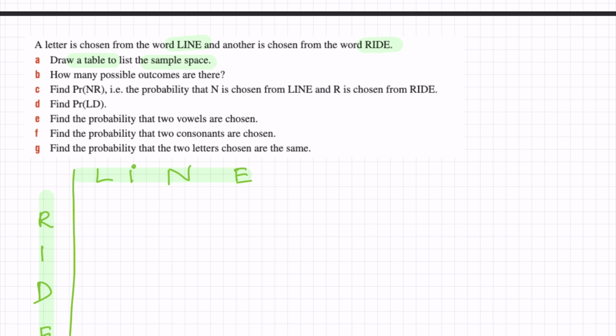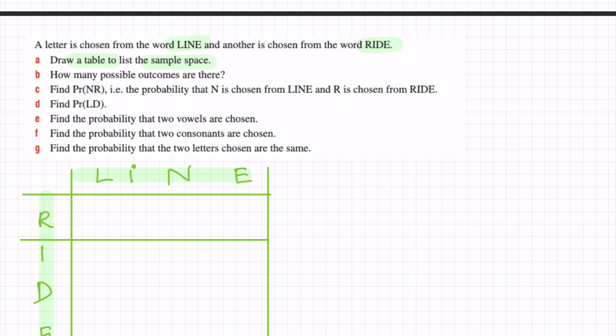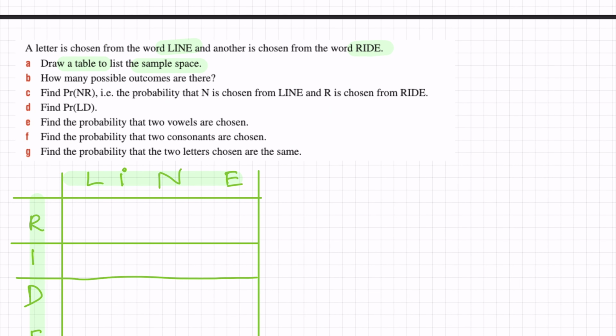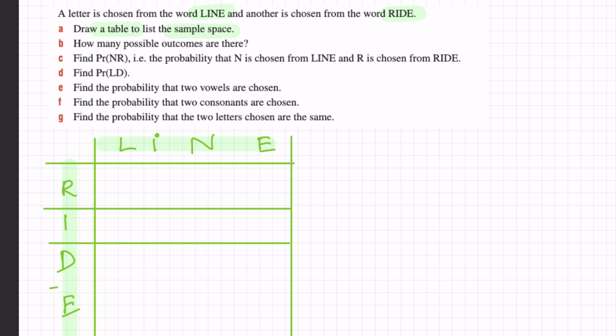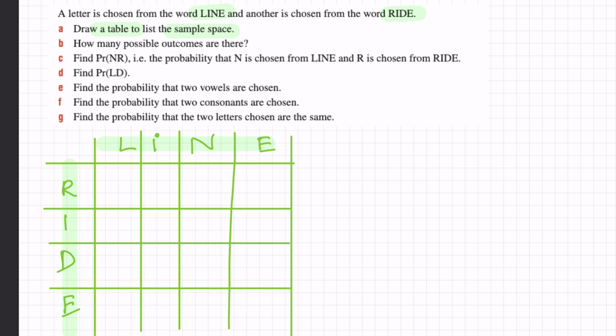So create a table. Alright, it takes a bit of time here. Then the second job is to combine them together.